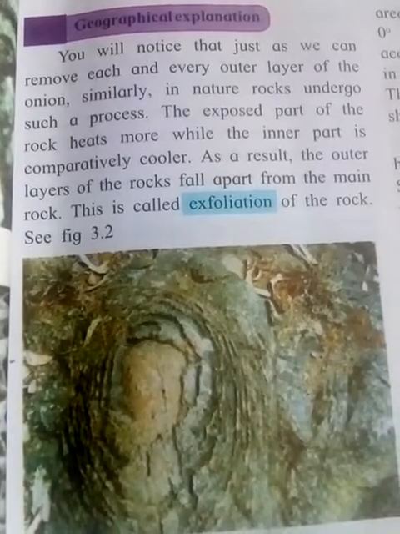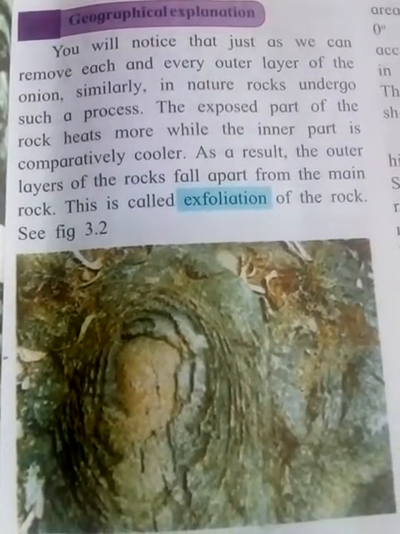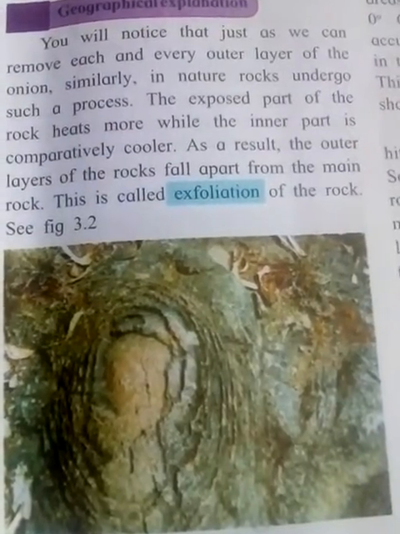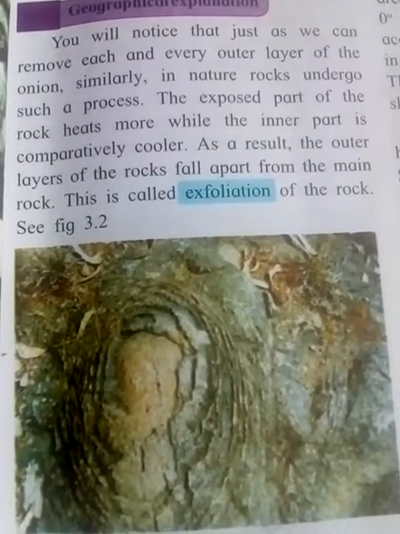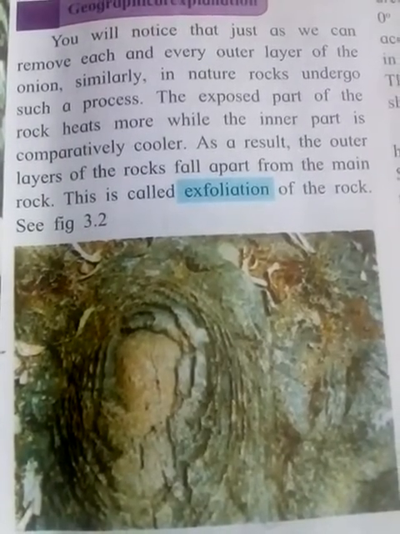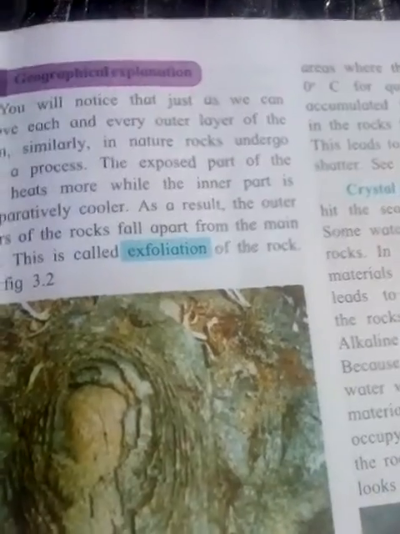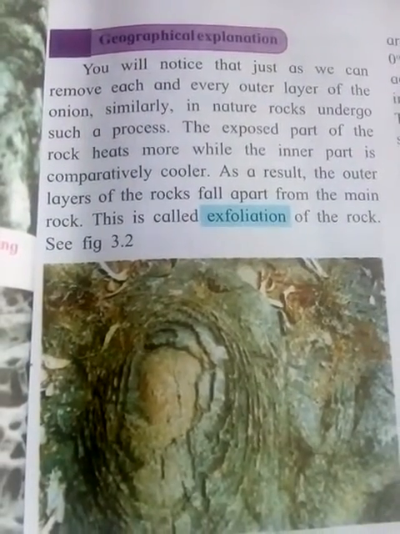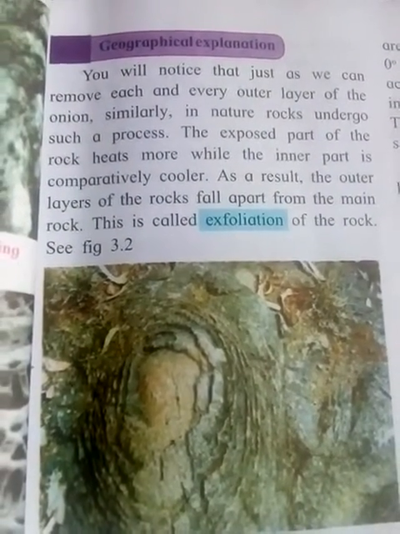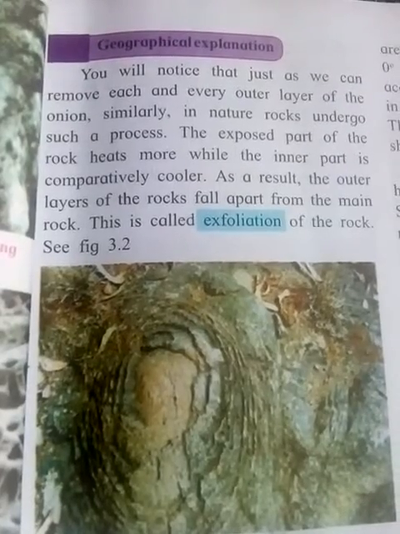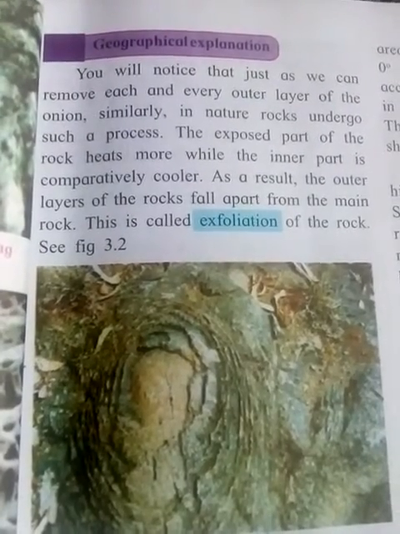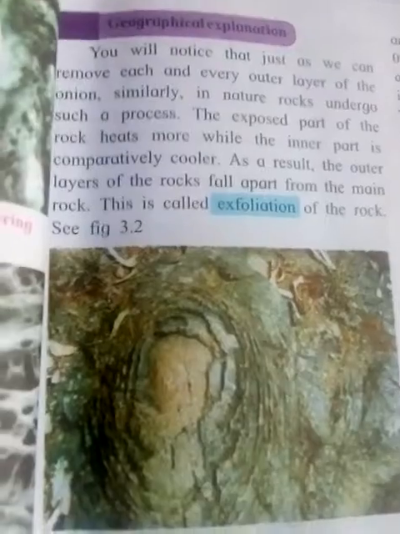The exposed part of the rocks heats more, while the inner part is comparatively cooler. That means the exposed or external part of the rock gets more heat, while the inner part is comparatively cooler.